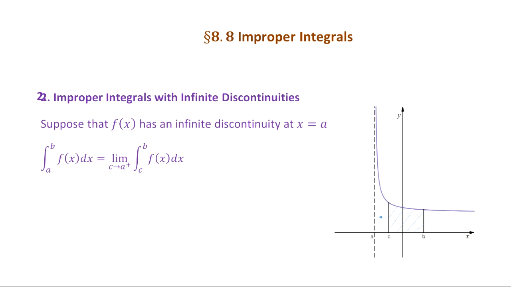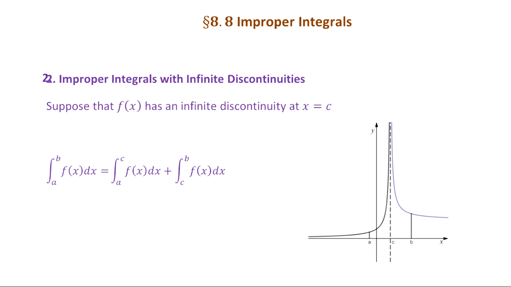Well, there are some other situations where you have a function with vertical asymptotes from both sides, like in this example. So we have a function that has an infinite discontinuity at x equals c, where c is inside of a and b, and you want to find the area under the two curves from a to b.